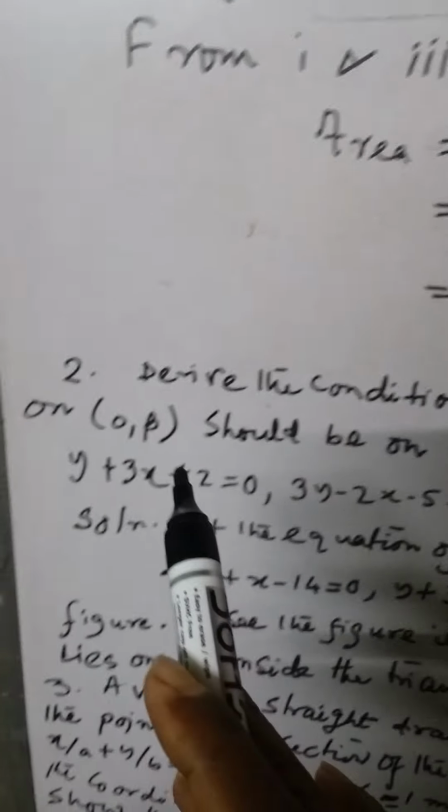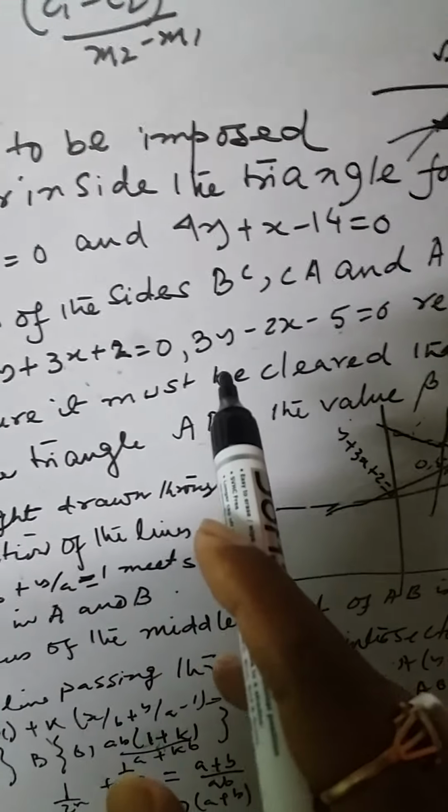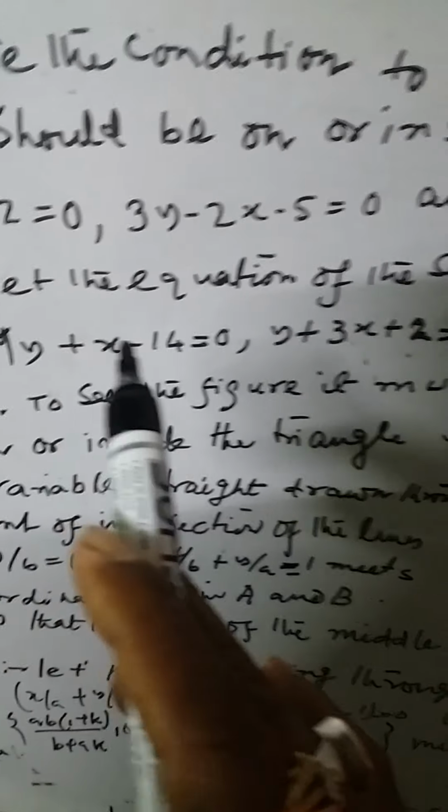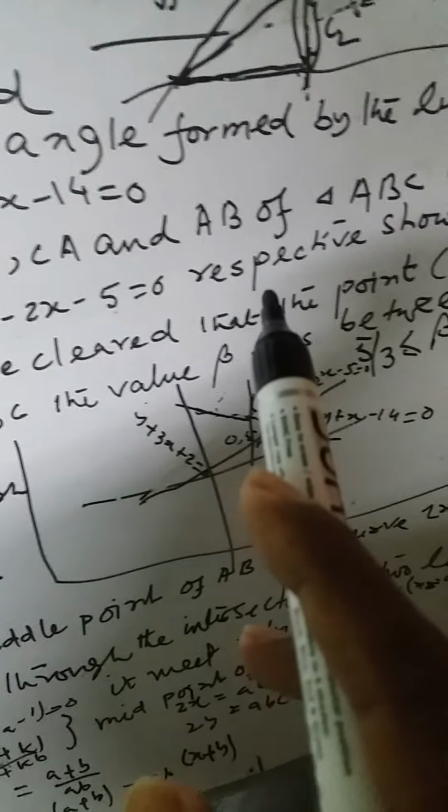Now let the equations of the sides BC, CA and AB of triangle ABC be this, this and this respectively, as shown in the figure.